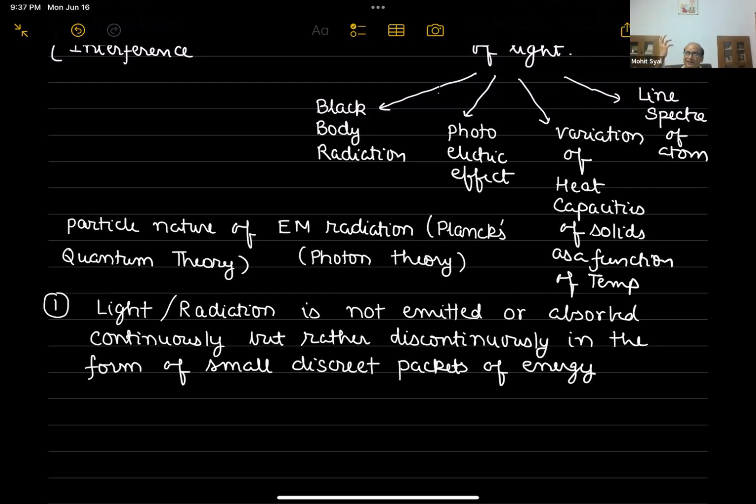But we don't see light as discontinuous. My face is continuously being lit up by the light. It is because the particles are very large in number. They are very small particles of energy which are approaching my face, and they are very large in number and travelling very fast. So it appears that they are continuous. But as per this theory, light is not continuously received or released.